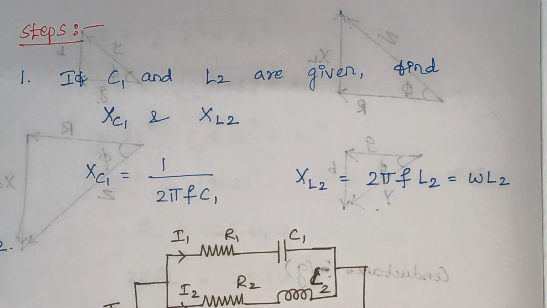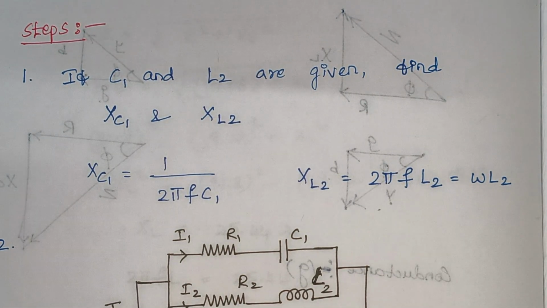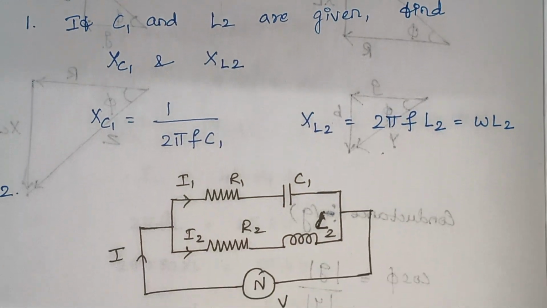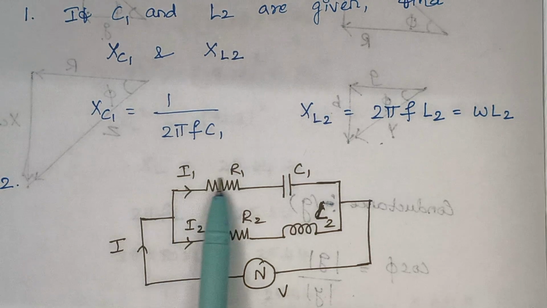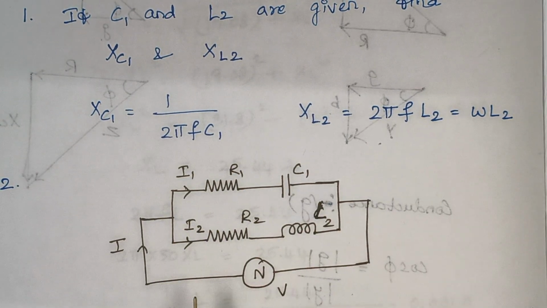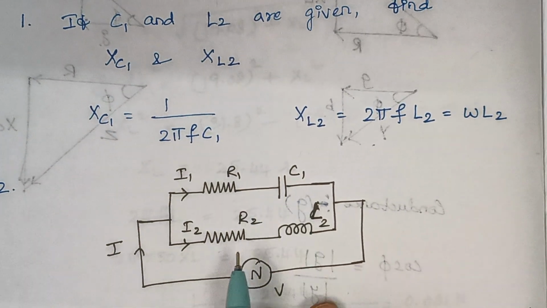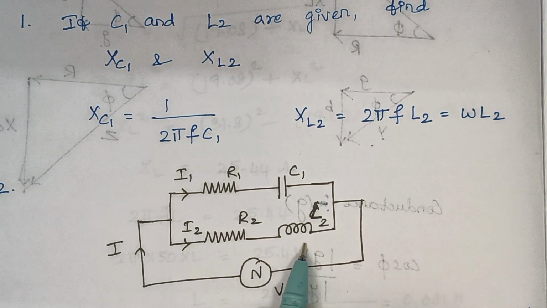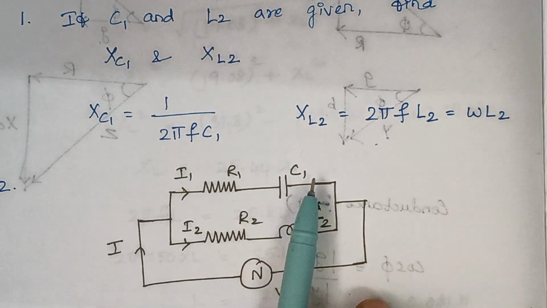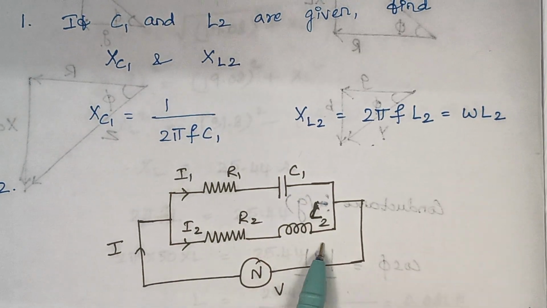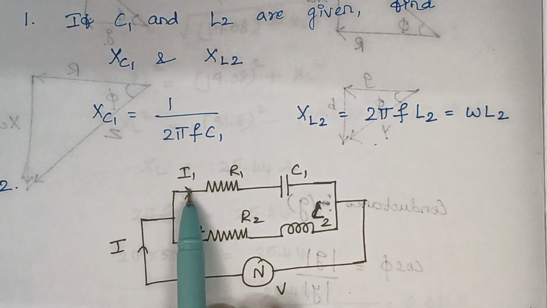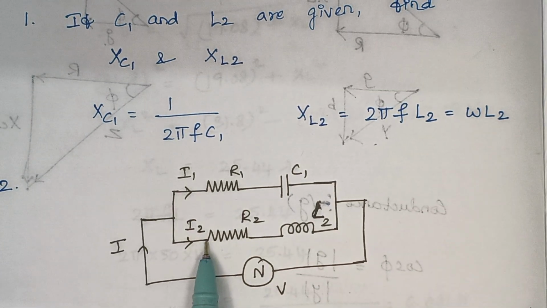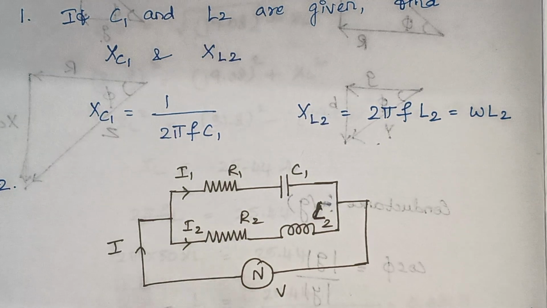And the next one is there are some steps to be followed for solving the problem, right. So assume that this is the typical model of a problem, right. We are having RC and we are having RL here. So we are naming it as R1 C1 and here R2 L2 and the current flowing through this branch is I1 and the current flowing through this branch is I2, right.